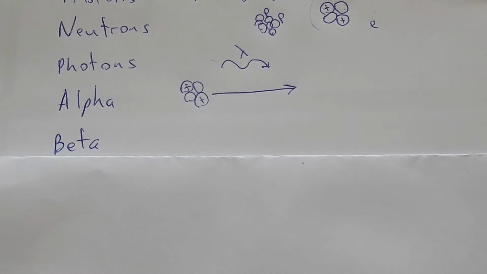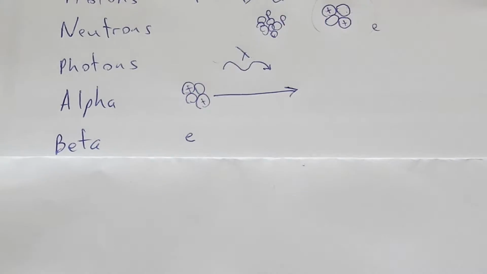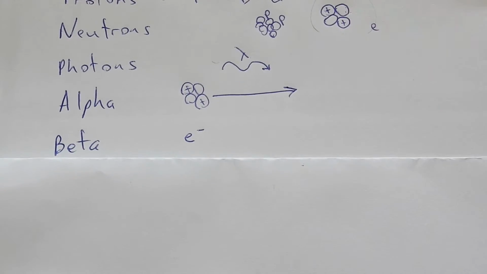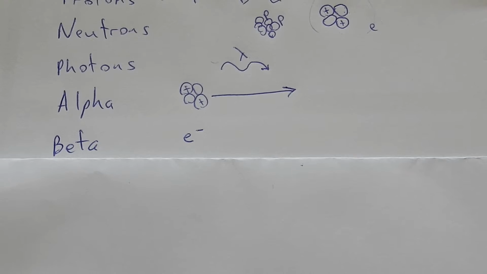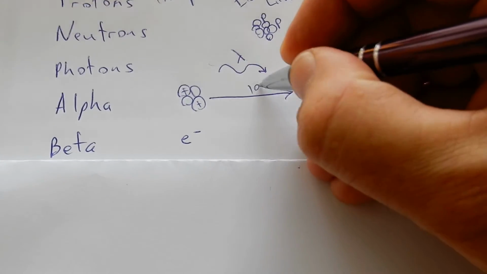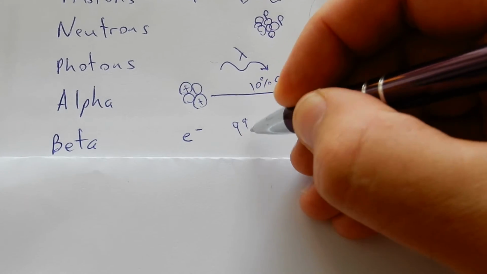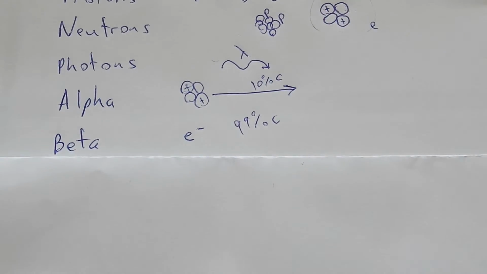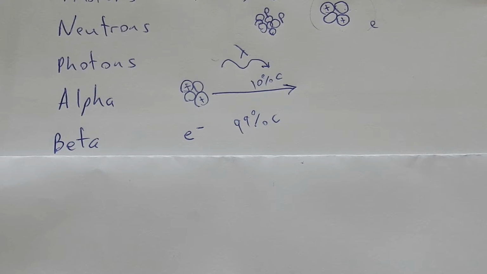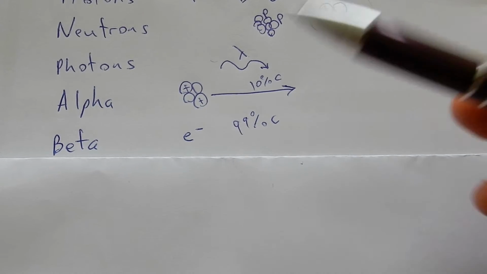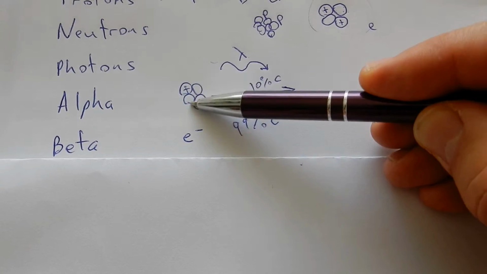Radioactive material gives out alpha or beta. Beta is a very fast moving electron, moving up to 99% the speed of light. This is 10% the speed of light. C is the speed of light. This can go 99% the speed of light. But it's tiny compared with protons and the neutrons.